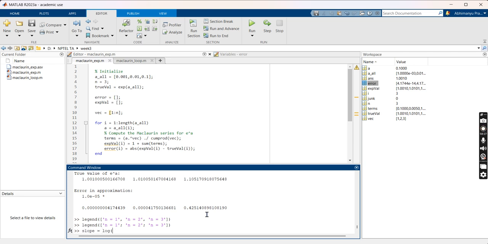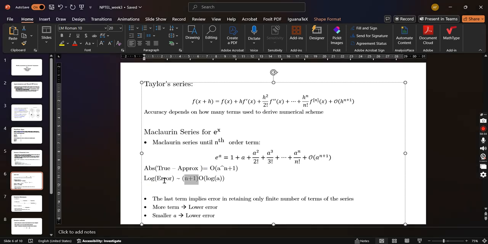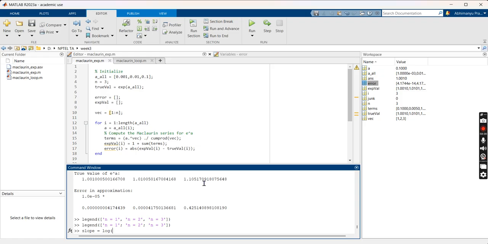The slope is equal to log of error divided by log of a value, right?